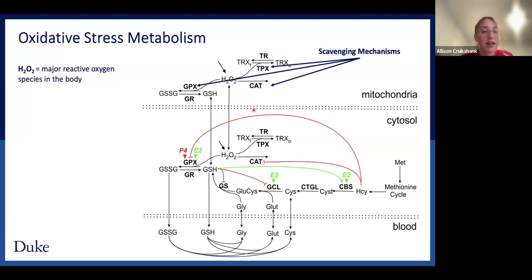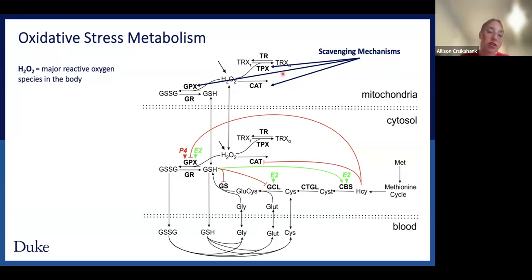And then this catalase enzyme is actually very different than the glutathione and thioredoxin systems. This catalase enzyme just directly removes hydrogen peroxide to make water. So it's very efficient in that way, and it's very important at high levels of hydrogen peroxide. And then we also have homocysteine inhibition on some of these scavenging mechanisms, like glutathione peroxidase and catalase.